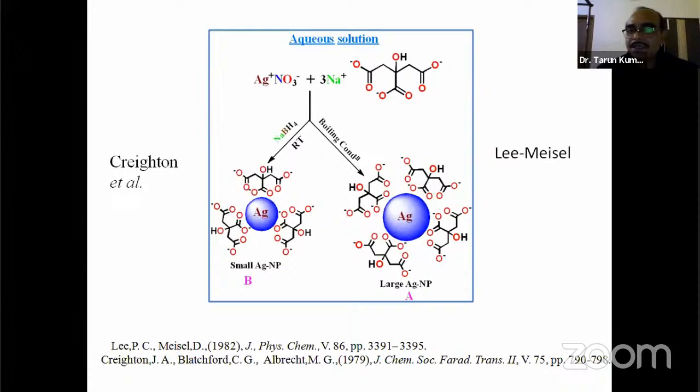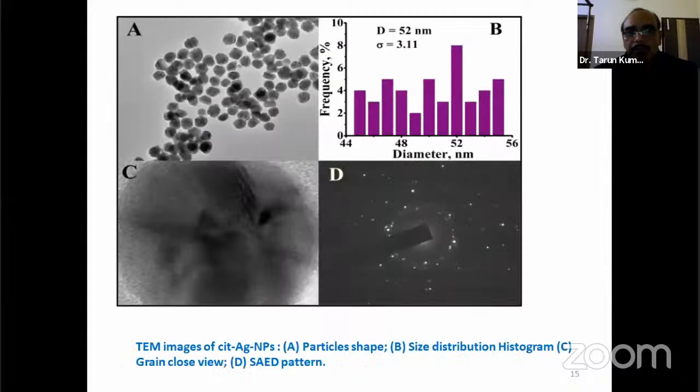However, in that case the particle size is somewhat bigger, more than 30 nanometers. If you use citrate together with sodium borohydride, the particle size is much smaller, 9 to 20 nanometers. So this is the very beginning method.